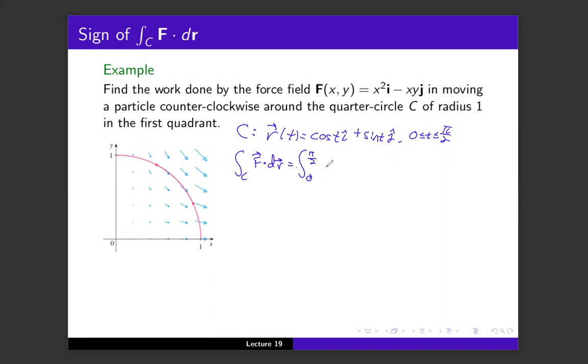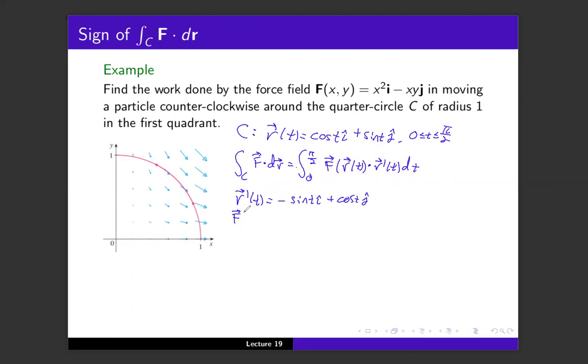So it's the integral from 0 to pi over 2 of F of r of t dotted with r prime of t dt. So we need to know r prime of t, which in this case is negative sine t i plus cosine t j.